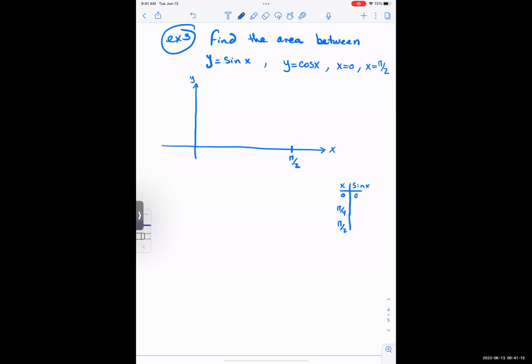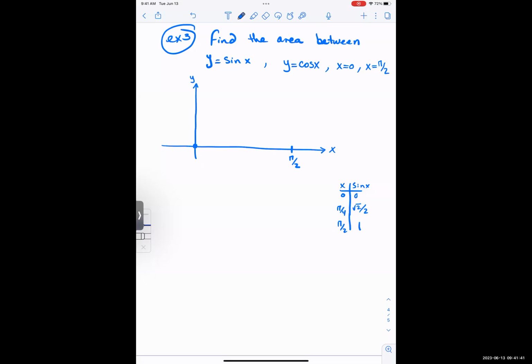When x is 0, sine of x is 0. When x is pi over 4, sine of pi over 4 is root 2 over 2. And then at pi over 2, sine of pi over 2 is 1. So now you want to graph it.